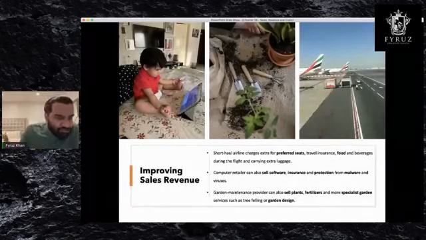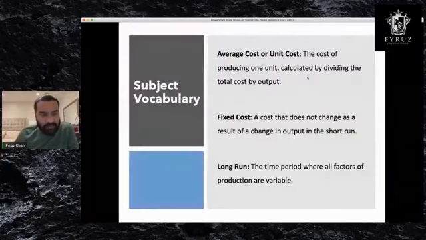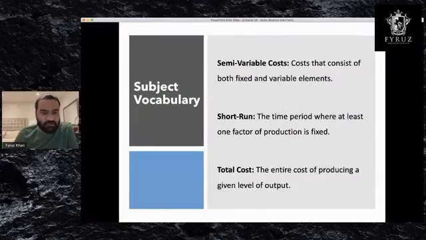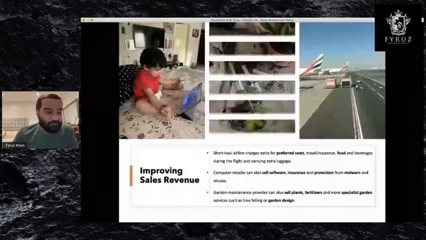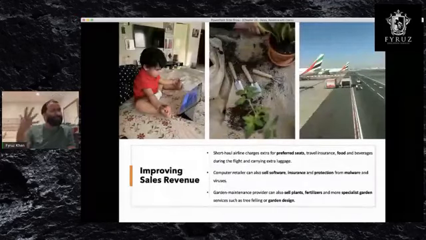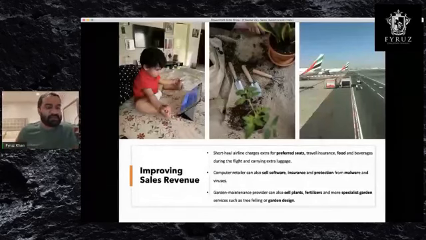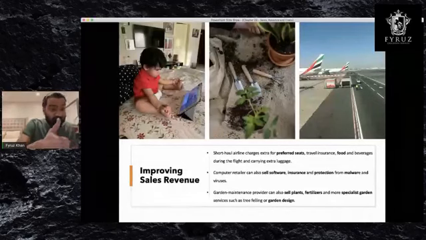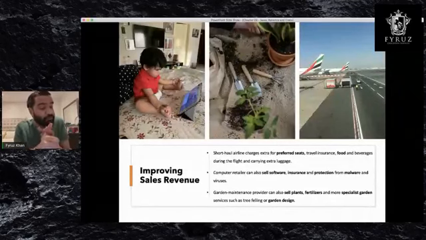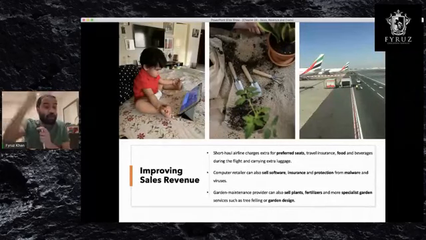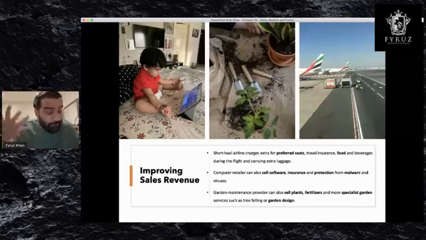Great. So we've finished the lesson, and there are different subject vocabularies. I will email it to you. Please see it. So today we've talked about three things actually. You can increase your sales revenue by changing price. When we talk about changing price, we talk about either increasing or lowering, and we've talked about it in terms of PED, price elasticity of demand.